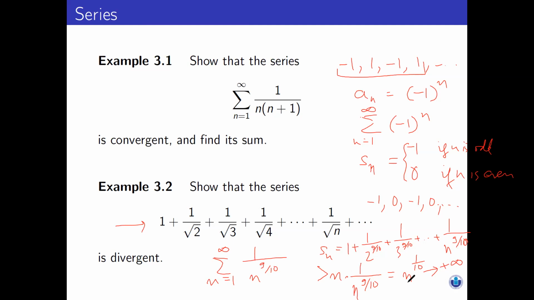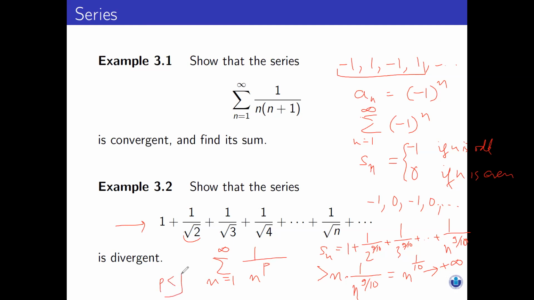Is this clear? Okay. So by the same proof, actually you can replace this power here, which is a half here and 9 over 10 here, by any p less than 1.